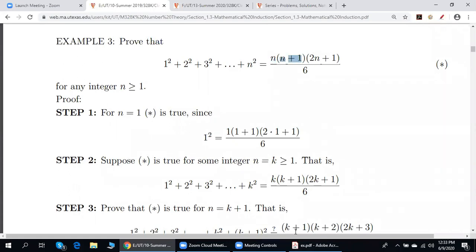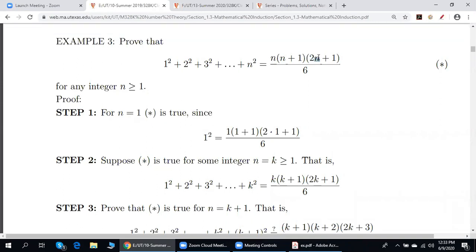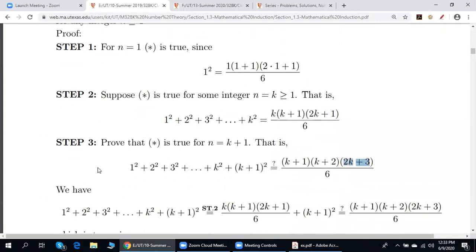Instead of n plus 1, we have k plus 2, because if we replace n by k plus 1, we'll get k plus 1 plus 1, which is k plus 2. Lastly, if you replace n by k plus 1 here, we'll get 2 times k plus 1, which is 2k plus 2 plus 1. 2k plus 2 plus 1 is 2k plus 3. We want to prove this. How do we prove it?